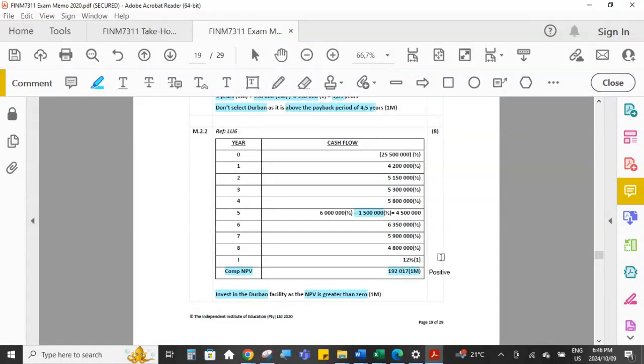So the 12% is the capital cost, and if there's any money left over after paying for the capital, then this 192,017 will be our profit.